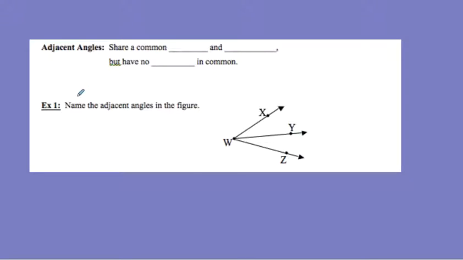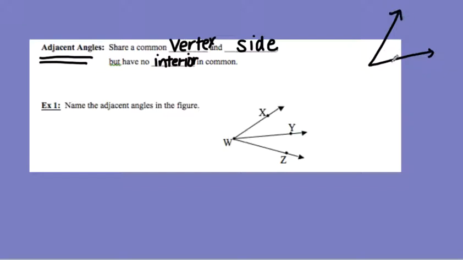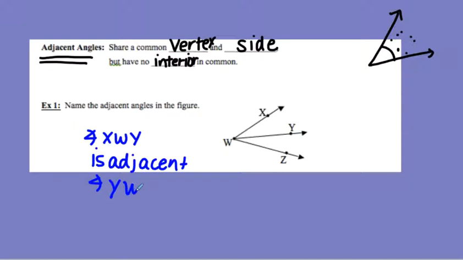All right, a couple other vocab words we need to be comfortable with. Adjacent angles. So adjacent angles share a common vertex and a common side, but have no interior points in common. So interior points are the points inside the angle. So like this, here's an angle. Interior points would be anything inside. So for example, angle XWY is next to angle YWZ.